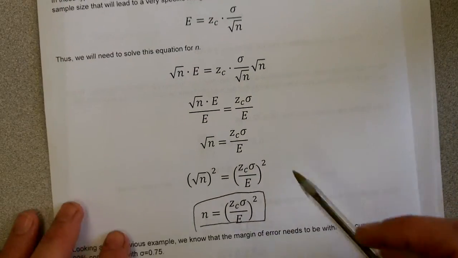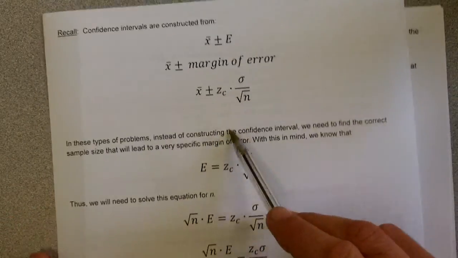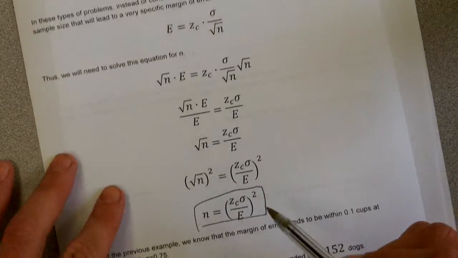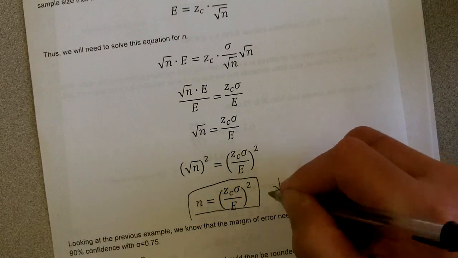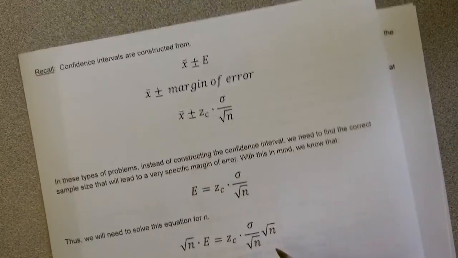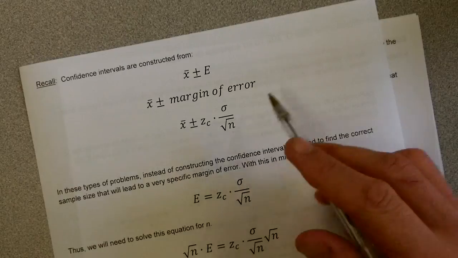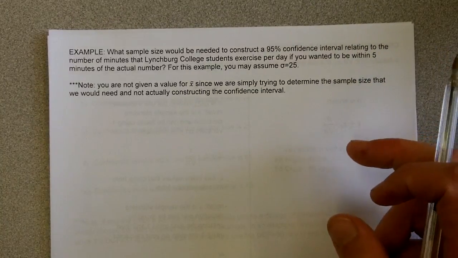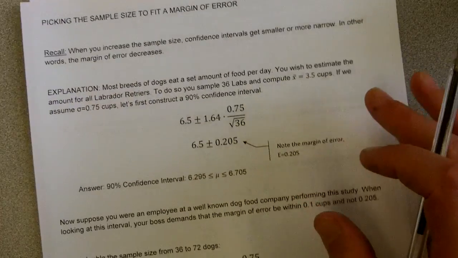Moving on here. This is the page we just talked about, right? Solving the margin of error part of the equation for your sample size. So this is a good equation to know, although you could just keep plugging in values for n and essentially solve for that margin of error. Flip the page over here.